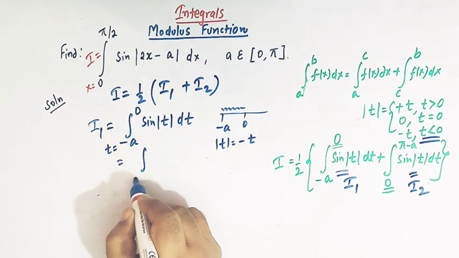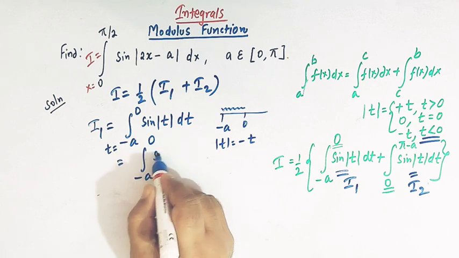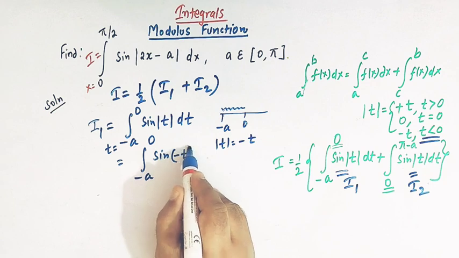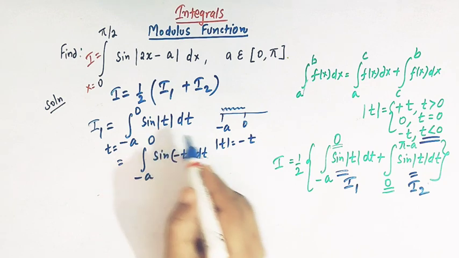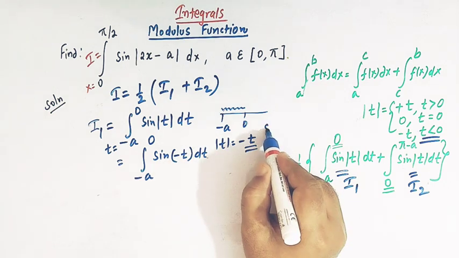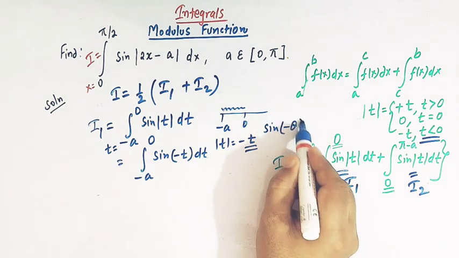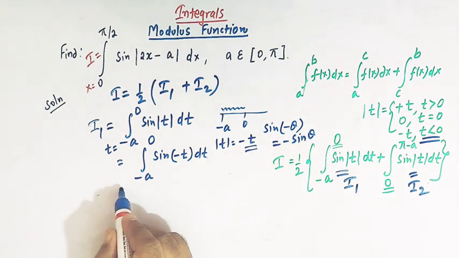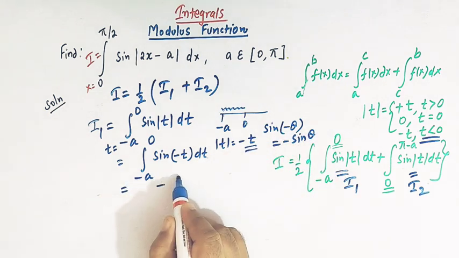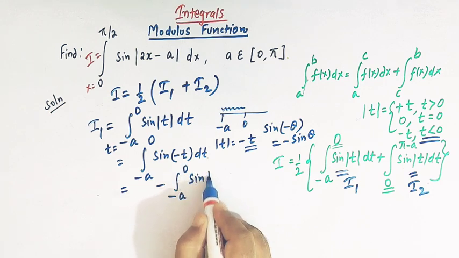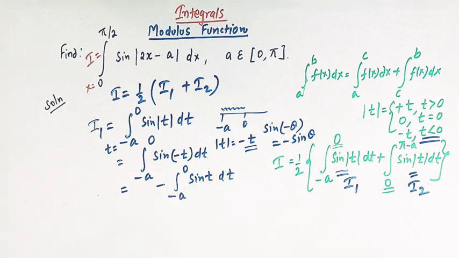So we have now minus a to 0, and here we have sine of minus t, right? Because mod of t is now replaced by minus t. Now from trigonometry, we know that the sine of minus theta is equal to minus of sine theta, right? So this is negative of integral from minus a to 0 of sine t dt, right?